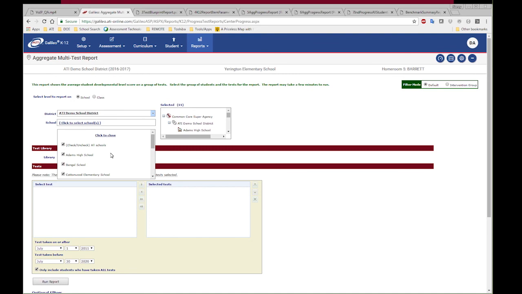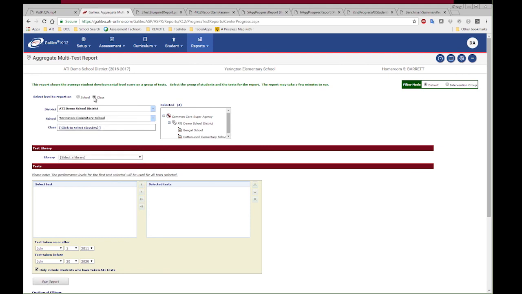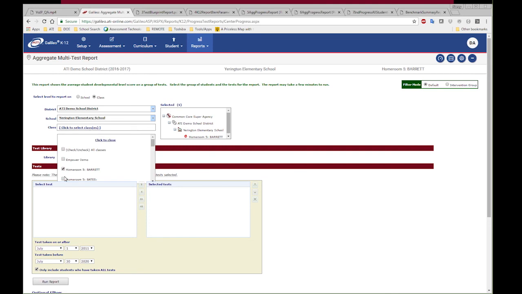If you want to run it for the whole district, just select all schools, or select the individual schools that you want to include. If you are a site administrator, like a team leader or a principal who has school-level access, you can click the class button and then select the individual home rooms or all the rooms that you would like to run this on. And that's how you aggregate data.